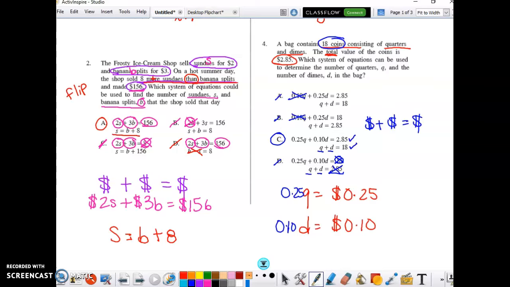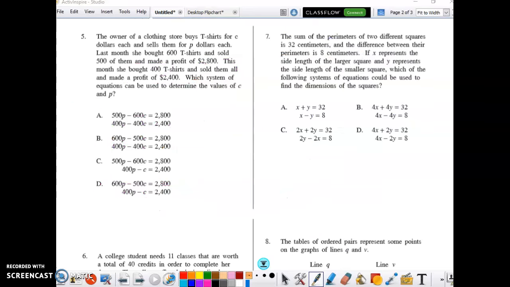Okay, next problem. Problem number 5, it says the owner of a clothing store buys t-shirts for C dollars each, so buys is the C, and sells them for P dollars, so sells is the P. Okay, last month she bought 600, so buys is the C, so 600 has to go with the C. T-shirts, and sold 500 of them.